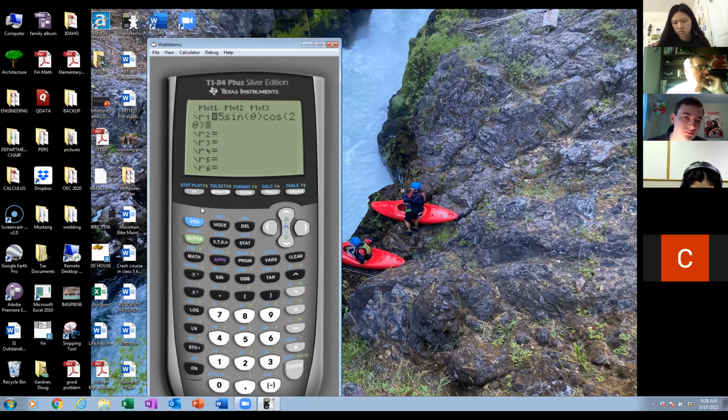And if I hit window, notice we discovered already that you don't need to go a complete 0 to 360 or 0 to 2 pi. So I'm just going to go from there, and then it has a step in it. And the window is -10 to 10. I think that's going to be okay. No, it isn't. That's the same window I had before, so that's not a good window. So I'm going to say zoom standard.